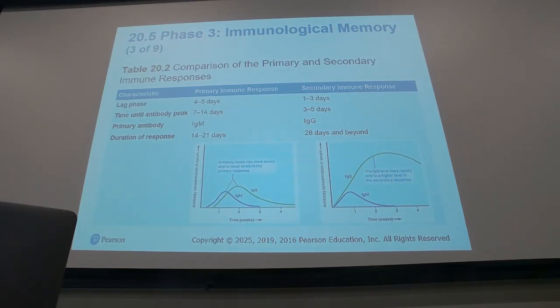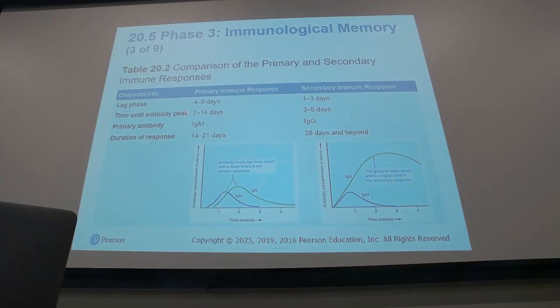So it takes from day one up to 14 days to form the maximum amount of antibodies on the first exposure. The second time that you get exposed, it takes 3 to 5 days to form antibodies. That's why we have boosters for vaccinations.